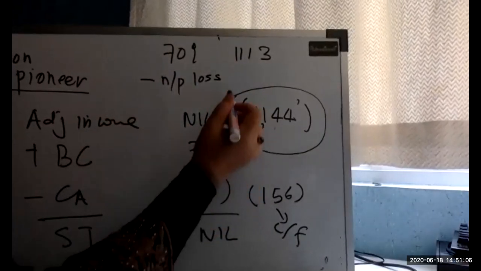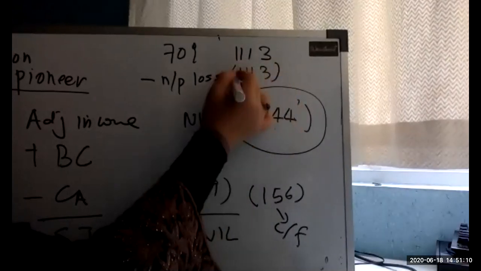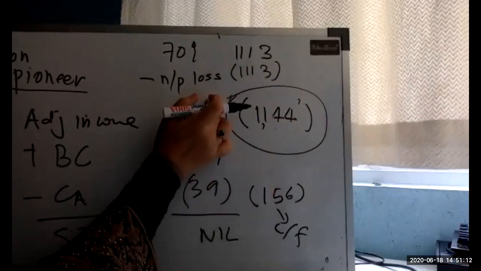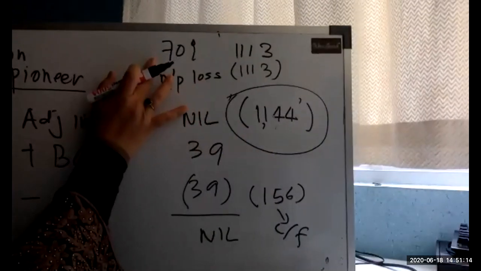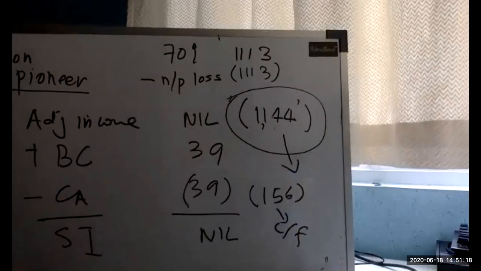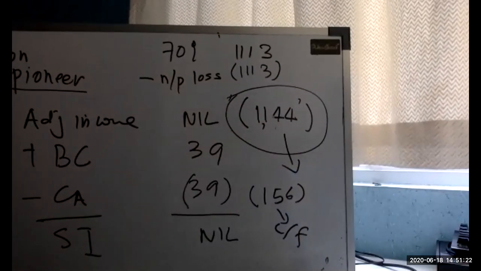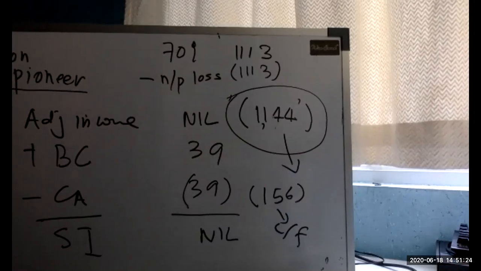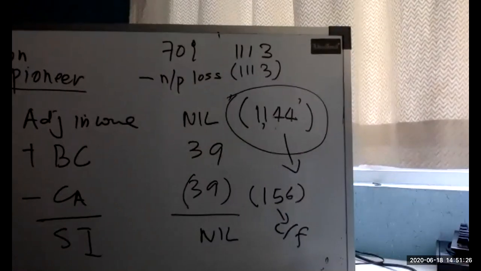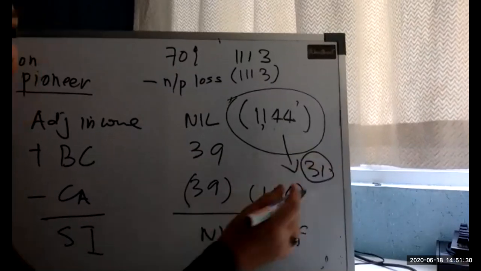So you're going to utilize 1113 of your non-pioneer loss against your 70% SI. Do you still have a balance? If you have a loss of 1144 minus 1113, you will have a balance of 31,000 ringgit.